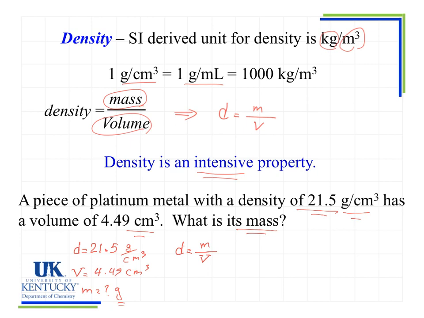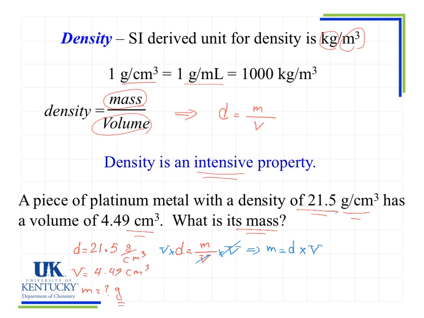You can multiply this by V. If you multiply this by V, you can cancel these two, and you have M equals D times V. But I usually do it in a different way. You can just try both ways and see which of these two you're more comfortable with and go with that.